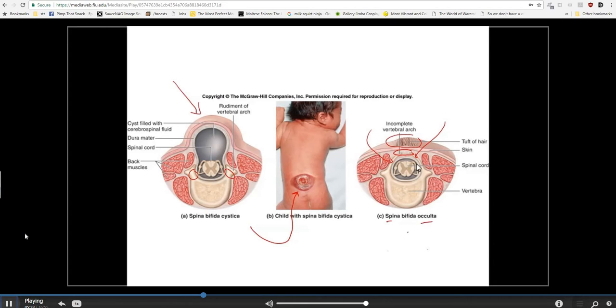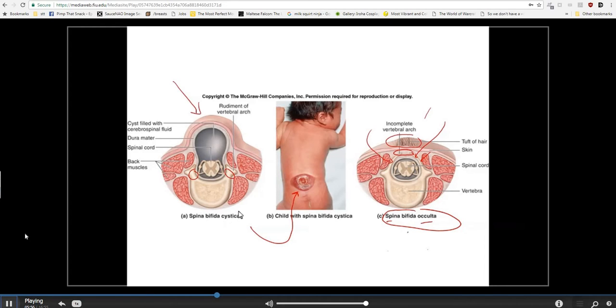There is confinement of the spinal cord within the vertebral foramen, but there is not a complete fusion of the neural arch. So in occulta there is evidence of lamina, but not fusion in the midline.